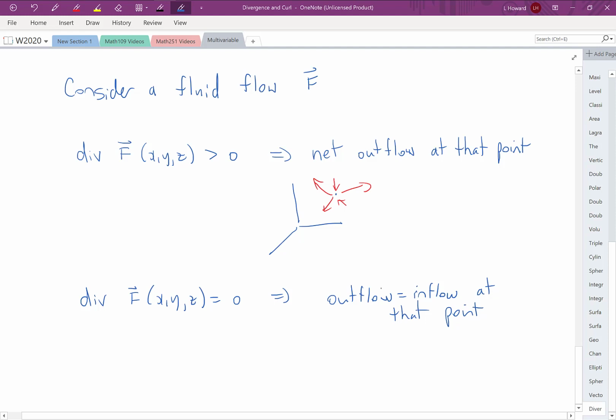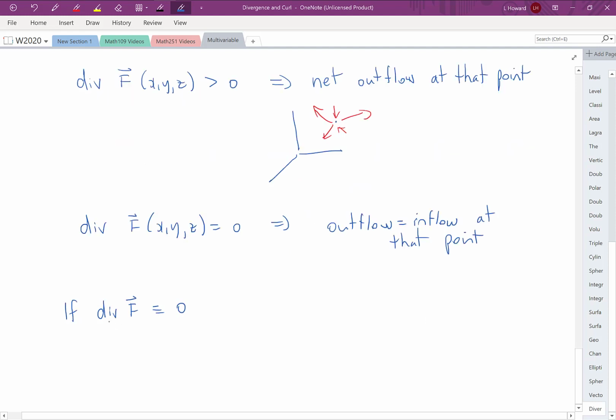So what the divergence is doing, it's giving us a function that we can then evaluate at any point in space. And by plugging different xyz coordinates in there, we get different numbers. Sometimes it'll be positive, sometimes it'll be negative, sometimes it'll be 0. And that's giving us an indication of whether we have net outflow, net inflow, or whether those are balanced at our point. So let's say that the divergence of our vector field is identically equal to 0.